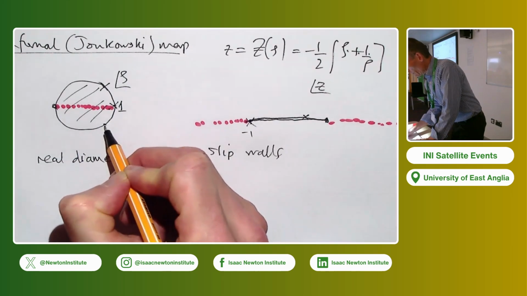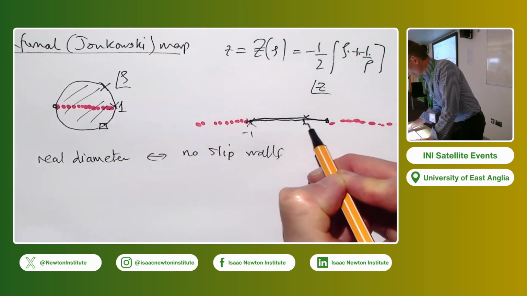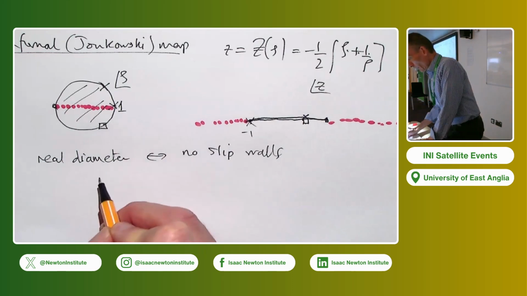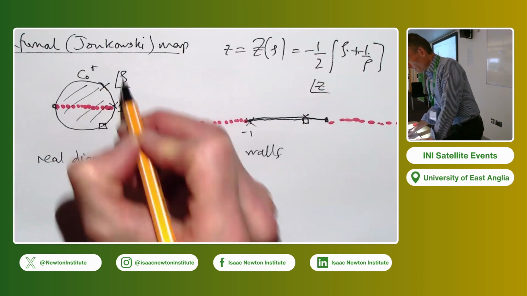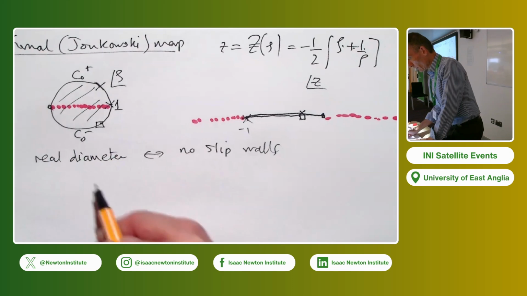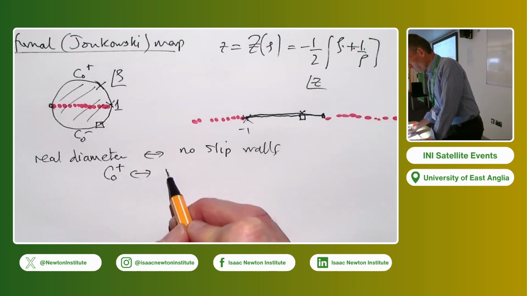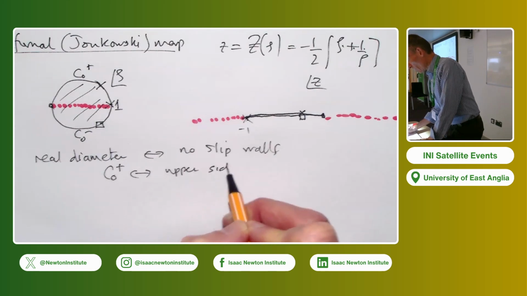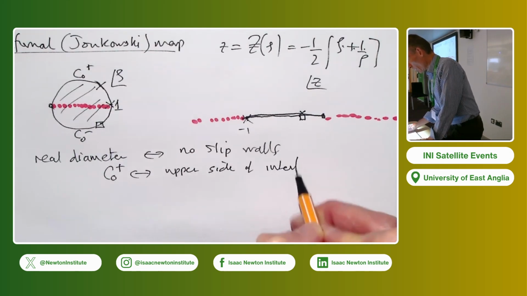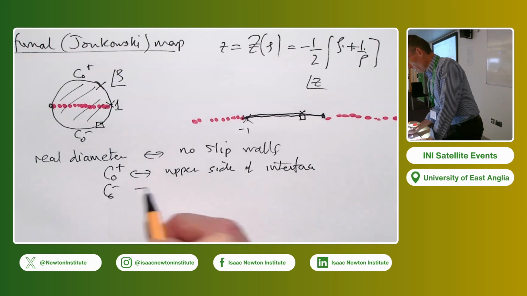And if I've got another point there, that's the underside. Okay, let's call this C0 plus and C0 minus. So this is the upper side of the interface, and C0 minus is the lower side.